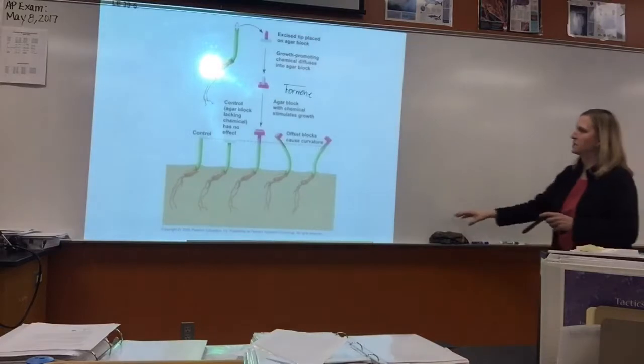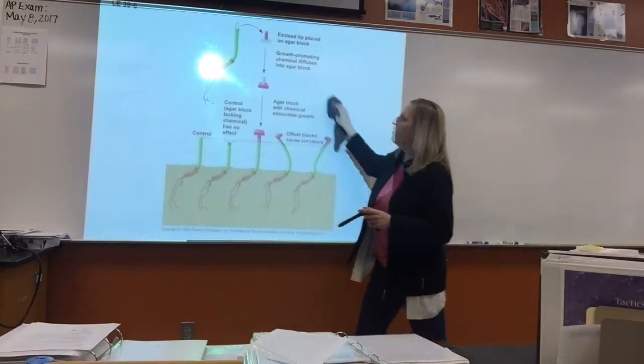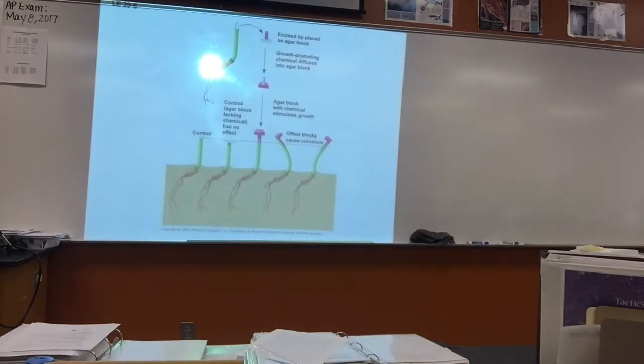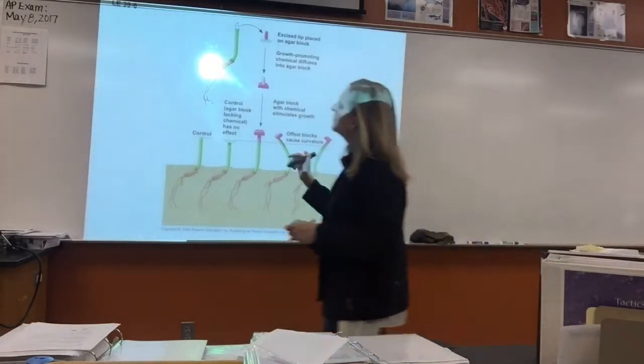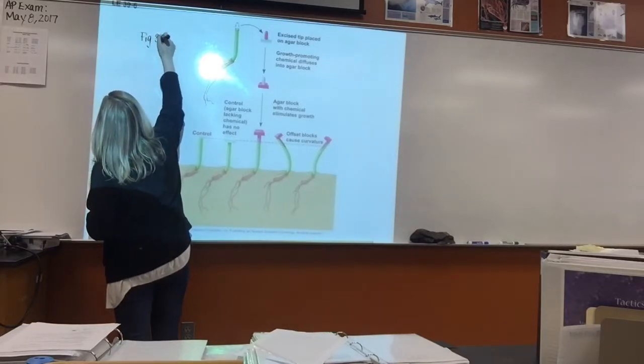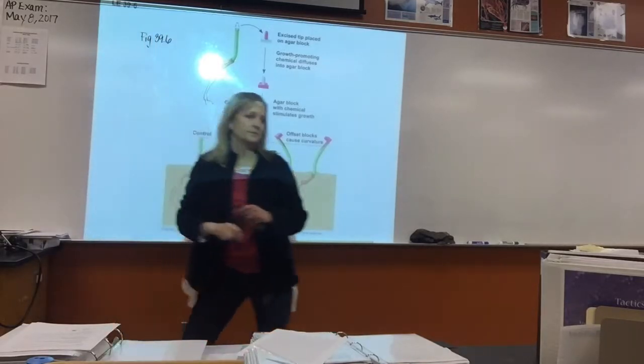So this is his experiment. All right. Again, on this one, I'll give you a second if you want to jot this down. It's also in our book. This is figure 39.6 as well.